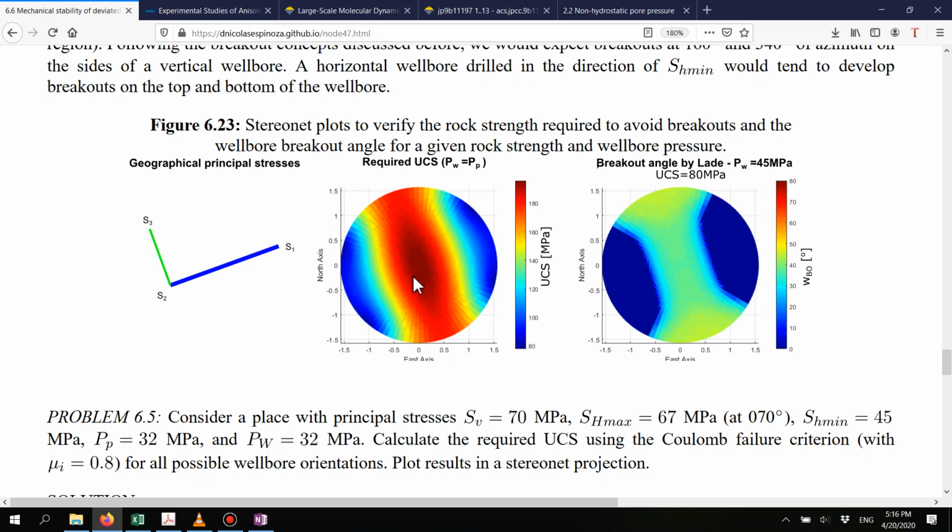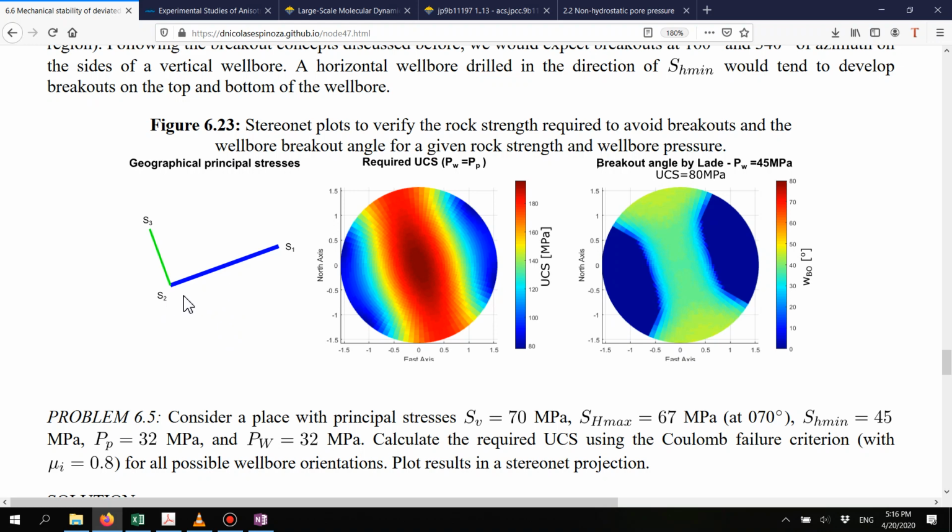In this example, we have a strike slip case. The maximum principal stress is oriented about 20 degrees from the east towards the north. This is S1. The least principal stress is perpendicular to the direction of S1. So this is SH min and this is SH max. Let's first think in terms of vertical wellbores and horizontal wellbores.